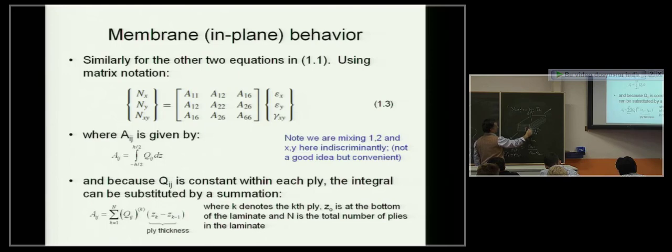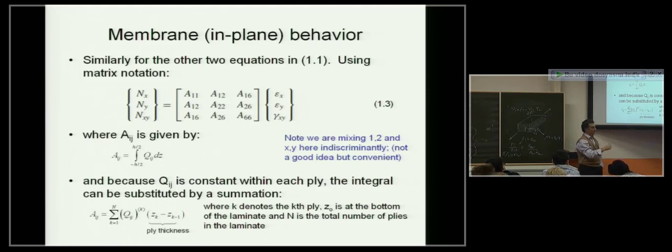So if I am doing my integral of dz from the bottom to the top of a layer, it would be, let's say, z2 minus z1 in this case. In general, it would be the z coordinate of the top location of a ply minus the corresponding one for the bottom, multiplied by the corresponding Qij.